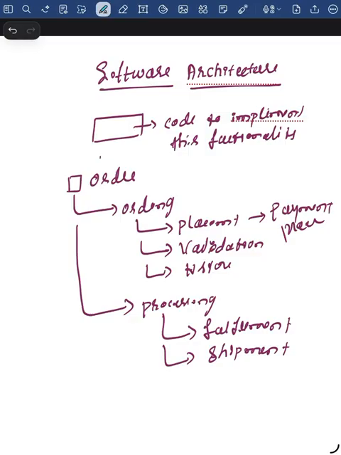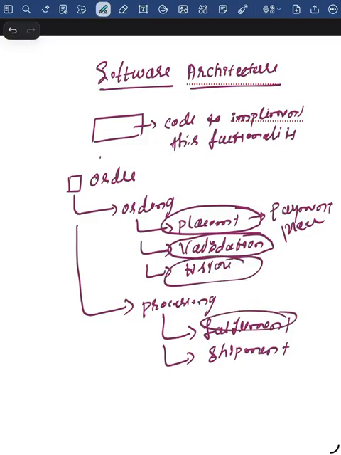All the code related to this payment processing is placed inside this directory. All the validation-related code implementation is grouped under the validation directory. Similarly for history, fulfillment, and shipment.